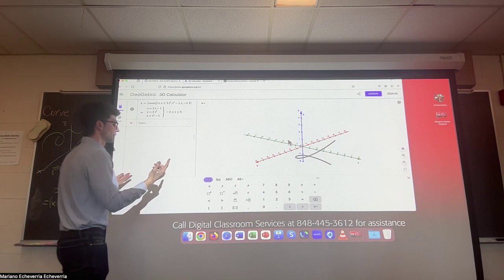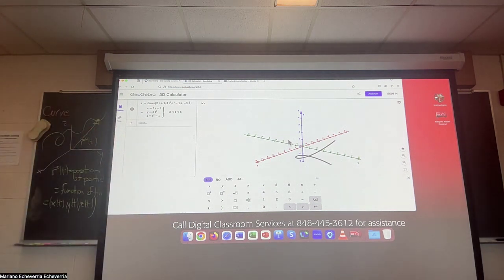Another thing you could do is put another nice function of a single variable, like cosine and sine, right? So you could put cosine of T here.